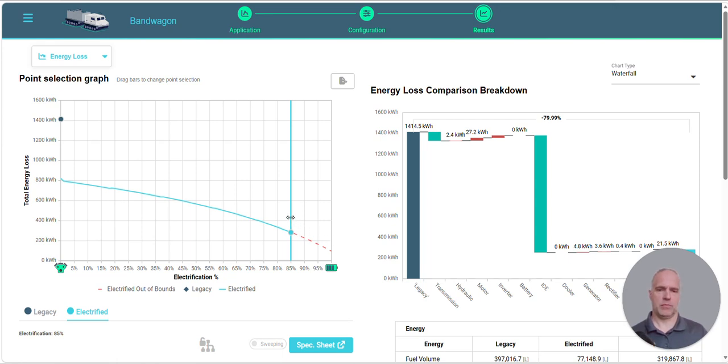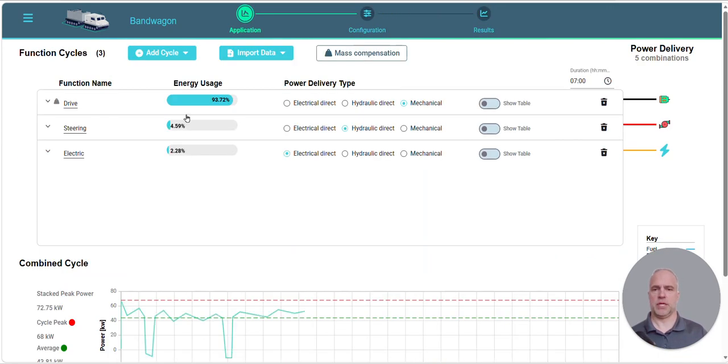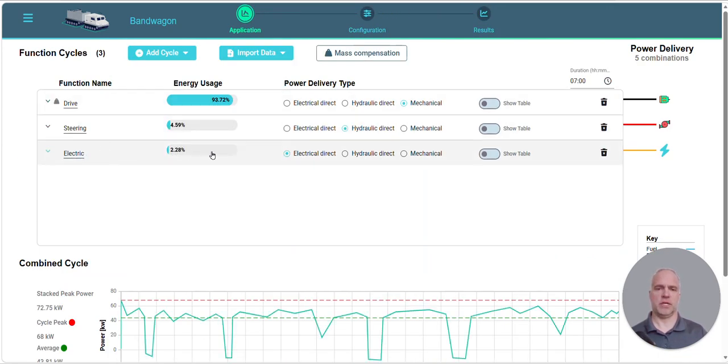So if you do lose that source of waste heat, then you actually have to add it back on the application. Maybe it's electric heat. You have to increase the electric heat, which is going to further reduce your range. It's basically adding power that's not going to the wheels.